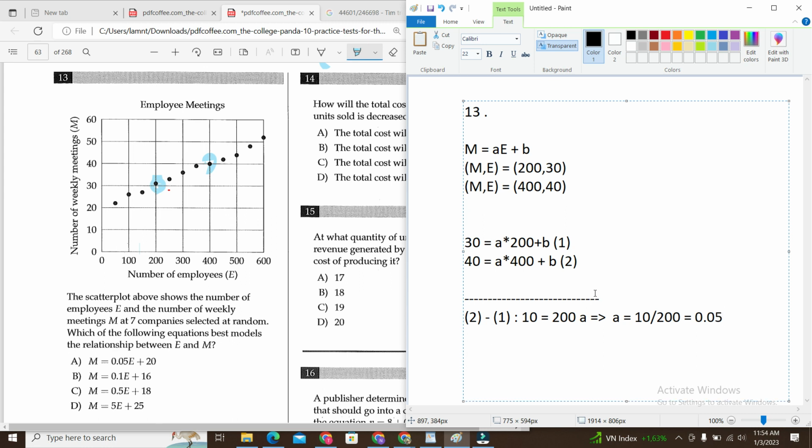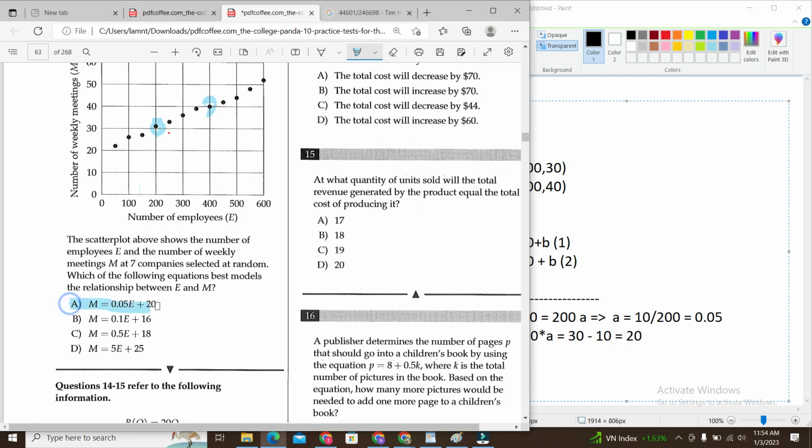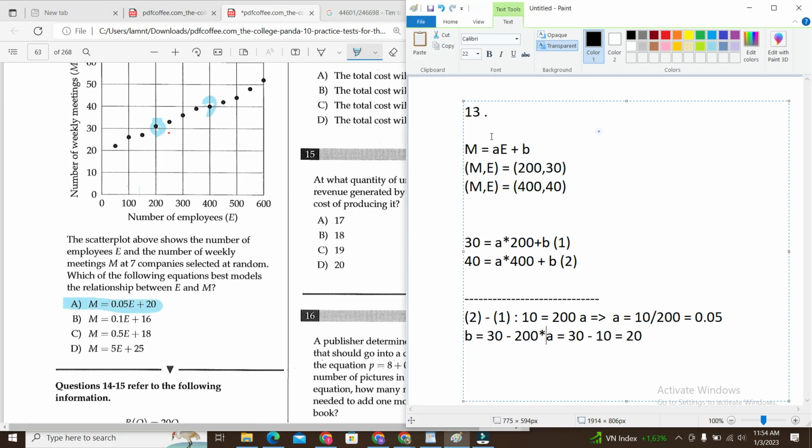And similarly, we can find that B is equal to 30 minus 200A, which is 30 minus 10, so that is 20. So we can see clearly that A is equal to 0.05 and B is equal to 20, so the answer is A.